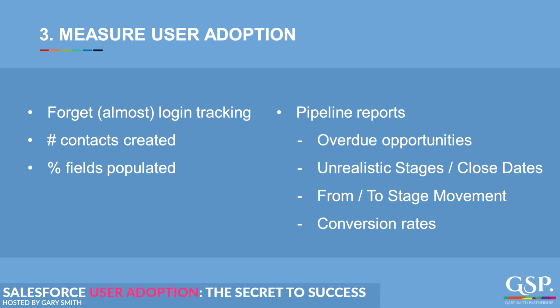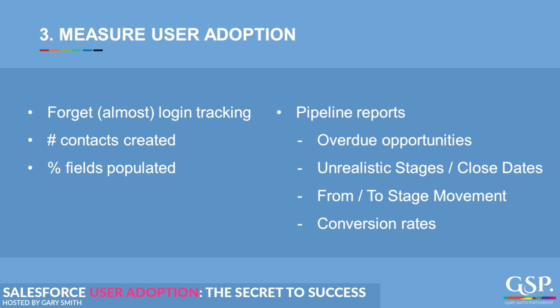Unrealistic stages is another perfect example. So if I've got, let's say my sales process typically lasts 3 months, 4 months, something like that, and in February, I've got a series of deals that are due to close in February, and the opportunity stage is prospecting, or they're still in investigation, or whatever your early stage opportunities are called.